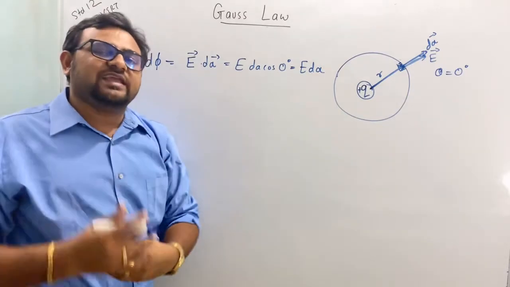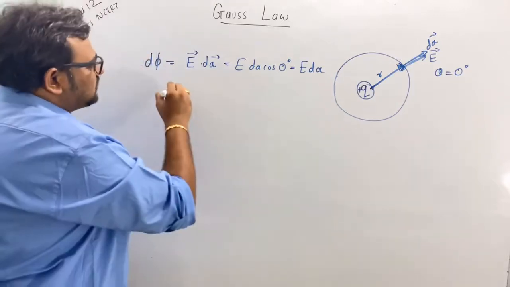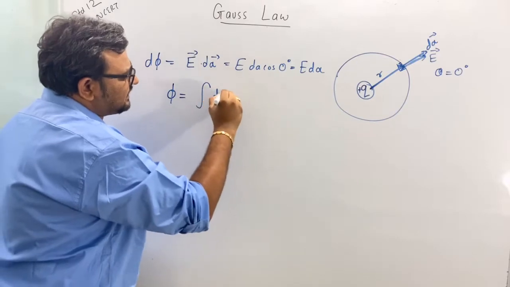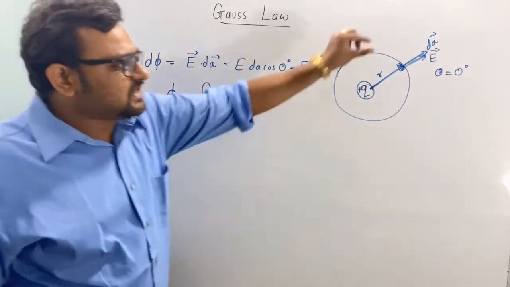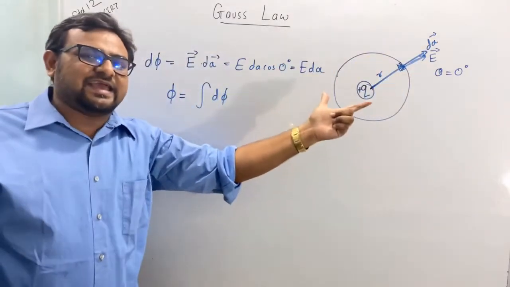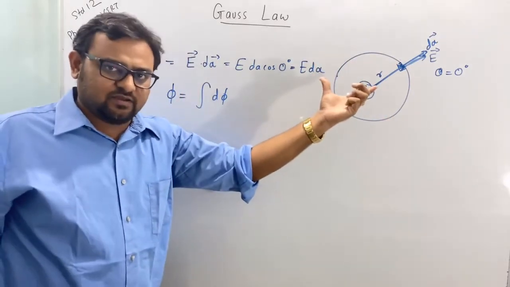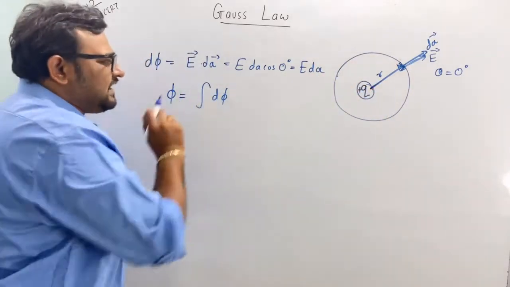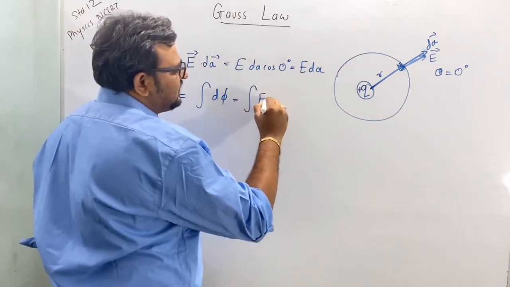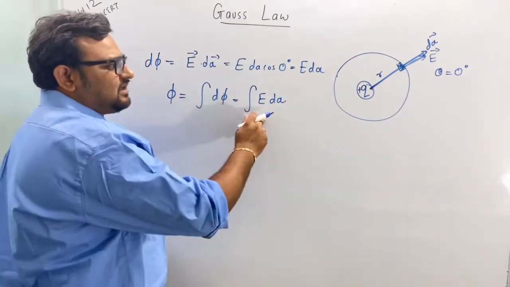So if I need to find out the total flux, then what should I do? I should integrate d phi. It means I will integrate the electric flux passing through all these small area elements. So integrating it, we will get the integration of E dA.